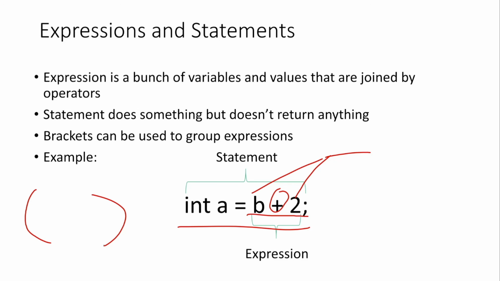For example, you want to do b plus 2, and then you want to multiply that by 5, but you want to do b plus 2 first. So you would do b plus 2 in brackets, and then you would do multiplied by 5.